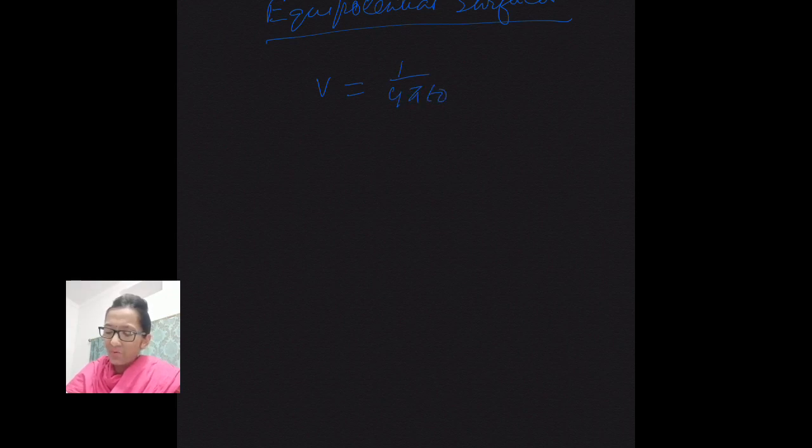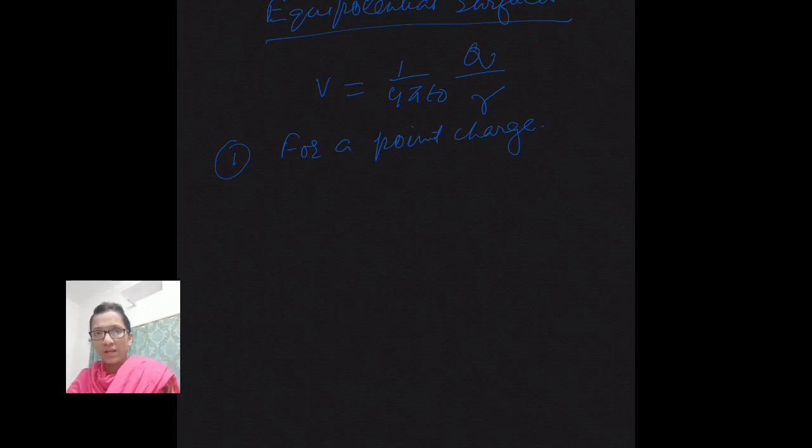V is equal to 1 upon 4 pi epsilon naught Q upon R. So for a point charge, you can see in the formula everything is constant except R. For a point charge, if you make R also constant, it means if you take a sphere which has the same radius all along, you find that the potential on the surface is the same.